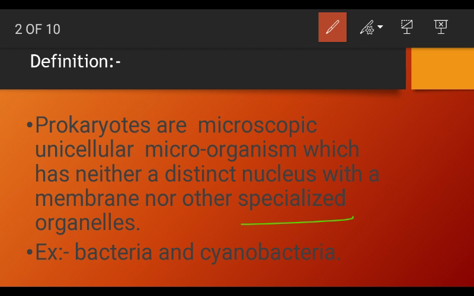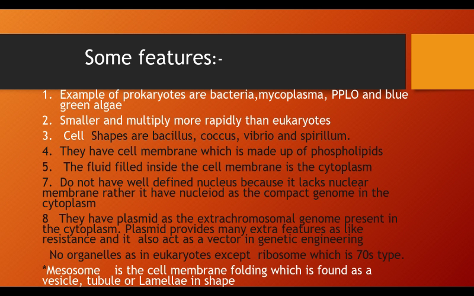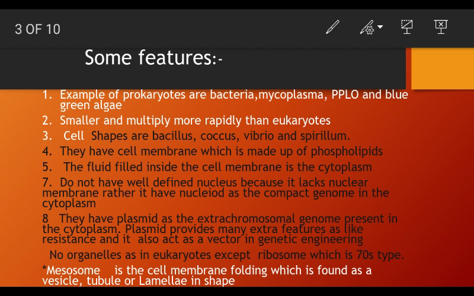The examples of prokaryotes are bacteria and cyanobacteria. Bacteria, as you know very well, and cyanobacteria is the blue-green algae. So let's have another slide. Yeah, there are some features of the prokaryotes. The examples of prokaryotes are bacteria, mycoplasma, PPLO, and blue-green algae.